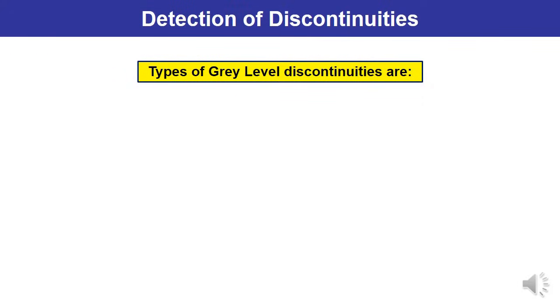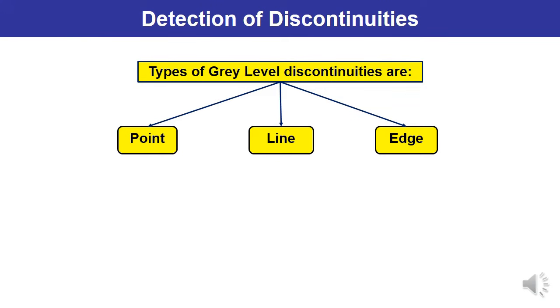First, you must understand how many types of gray level discontinuities actually exist. It can be broadly categorized into three categories: point, line and edge. Whenever you are talking about a point discontinuity in an image, it is giving you the information about an isolated point.